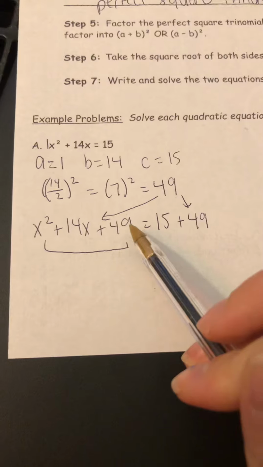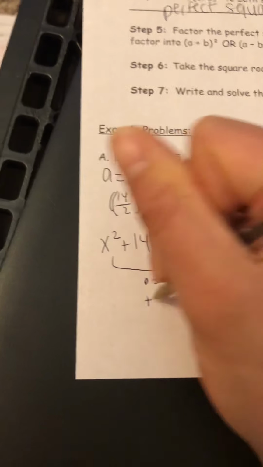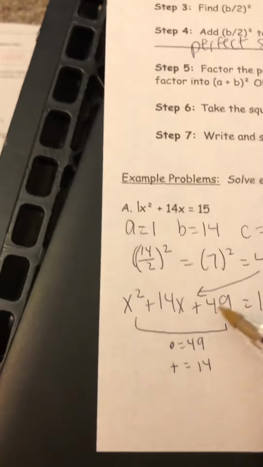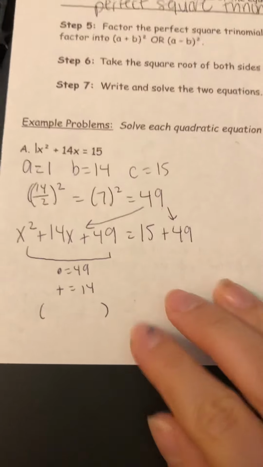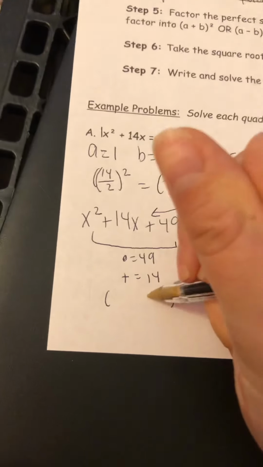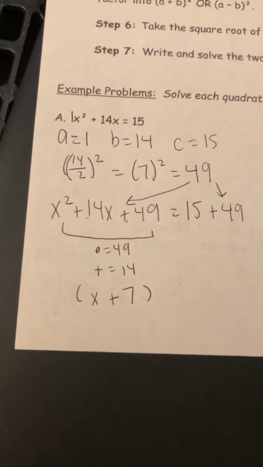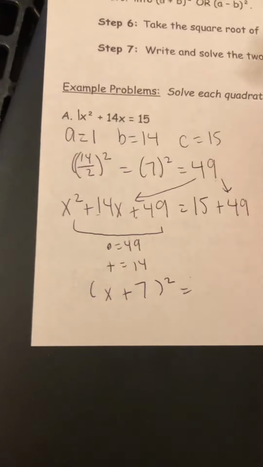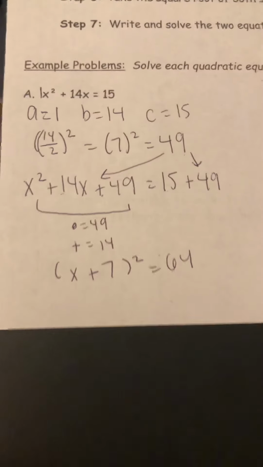So two numbers that when multiplied would give me 49, and when added would give me 14, if that helps you. Or we can look at it, and because it's a perfect square trinomial, this number is going to come down here. And because I have two positives, it's x plus 7 squared equals 64, because 15 plus 49 is 64.